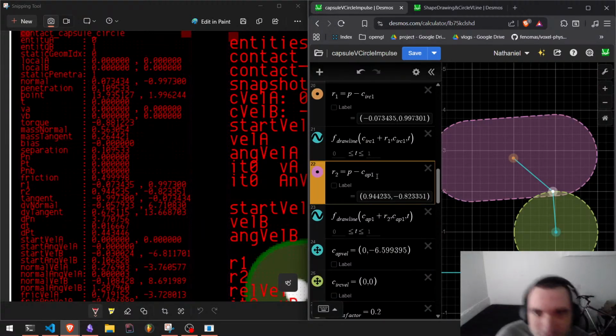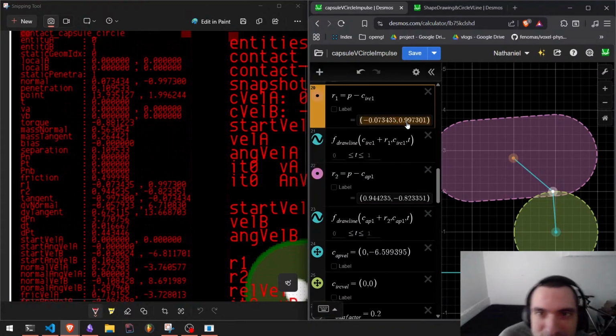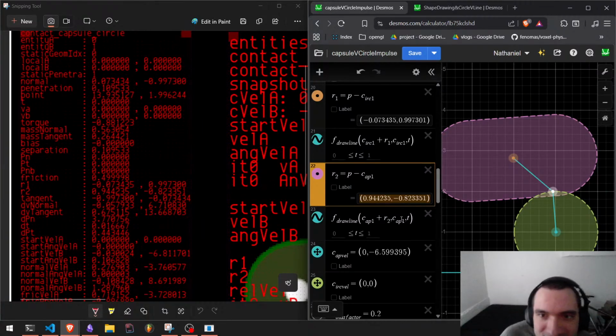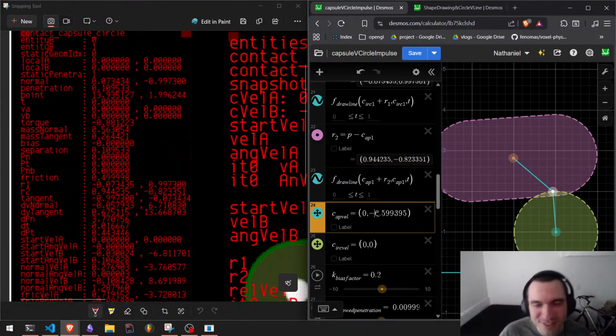And just to verify that those numbers are correct, R1 negative for X, it's negative 0.073435, yep. And then Y is 0.997301. Yeah, it's close enough. And then R2 is 0.442235, negative 0.82335. Okay, perfect. At least the lever arms are correct.